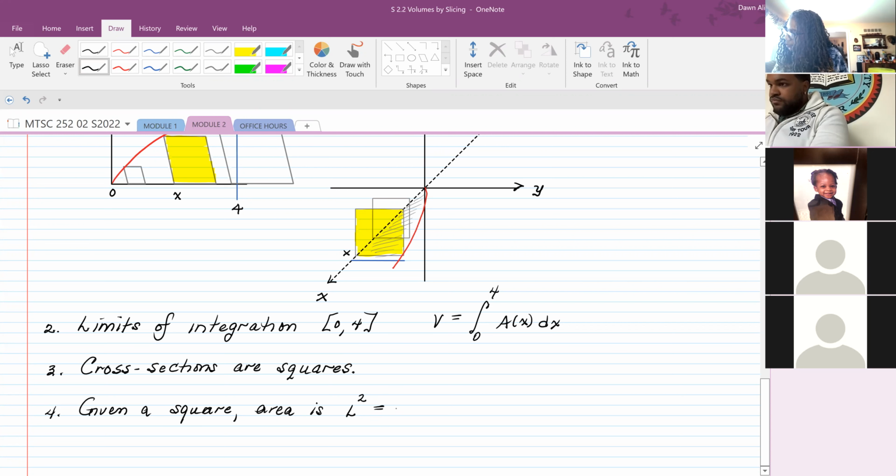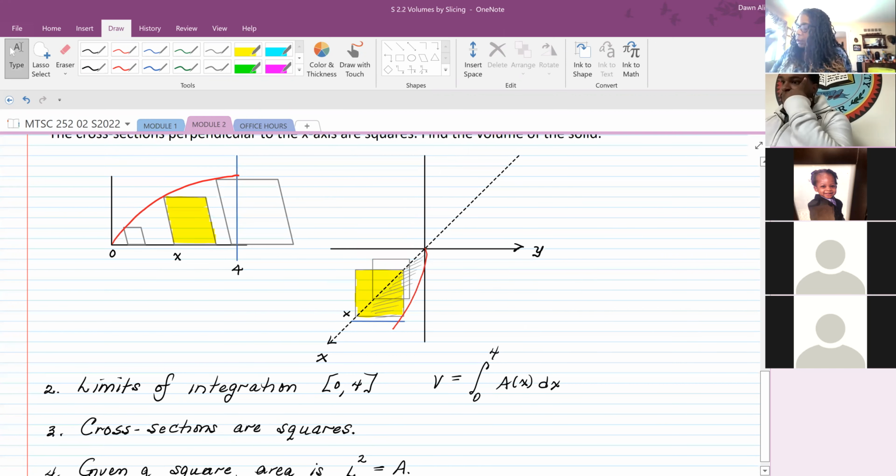Whatever the length is, the length squared is the area. So let's go back to our picture. Given an x, here's the length of the base of the square. For a given x, that is this height, and that height is y. And in this problem, it is the square root of x.